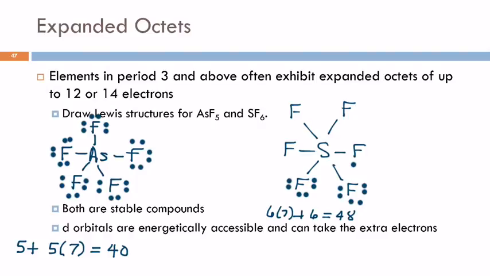If you don't believe me, you can count them yourself. What are the formal charges? They're all 0. Sulfur has 6 valence electrons. If we break these bonds evenly, it's going to have 6 valence electrons. Formal charge is 0.